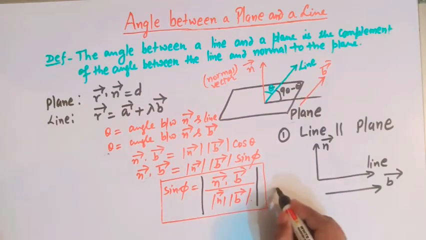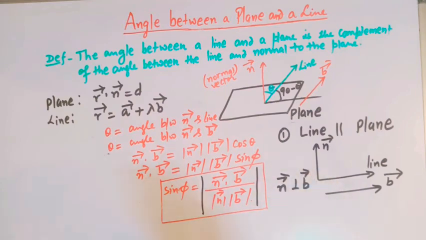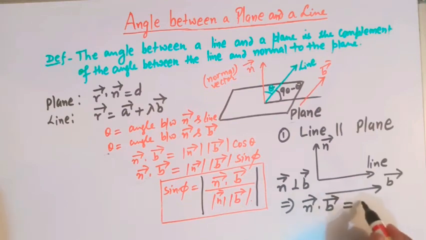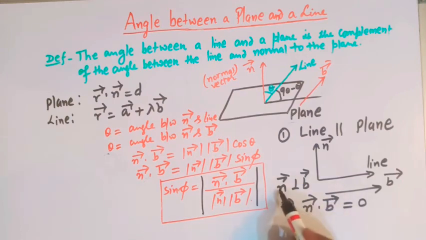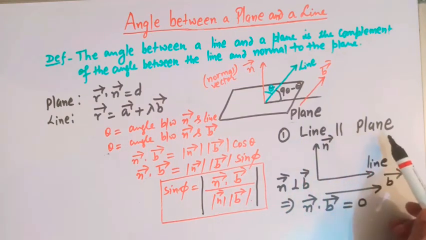So line parallel to plane implies that vector n is perpendicular to vector b, and this implies that the dot product n dot b should be equal to 0. So the dot product of these two vectors is equal to 0 whenever the line is parallel to the plane.